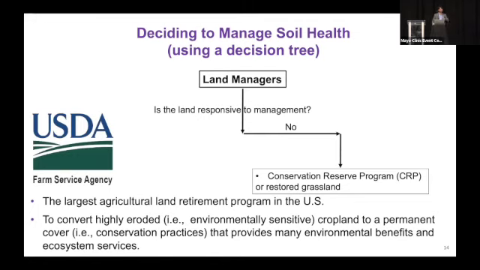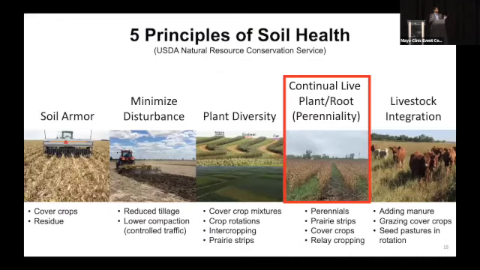I do not need to go through the CRP; I'm pretty sure everybody's aware of it. When we think about the 5 principles of soil health that NRCS has given, all the CRP, the restored grassland, everything is fulfilling one of the 5 principles of soil health, which is the continuous living plant or root, or perenniality.